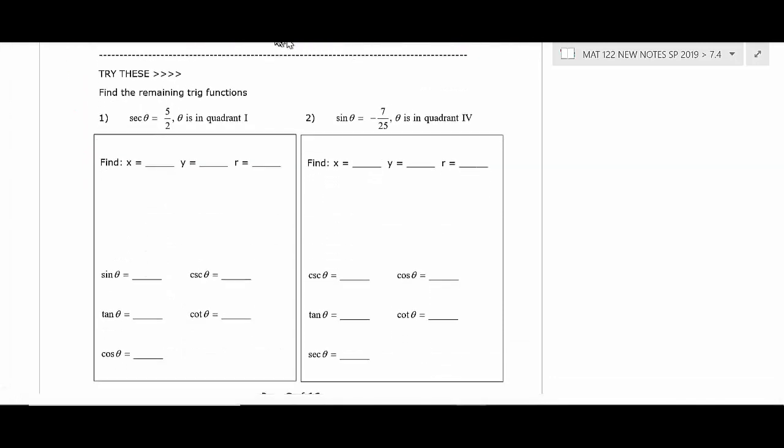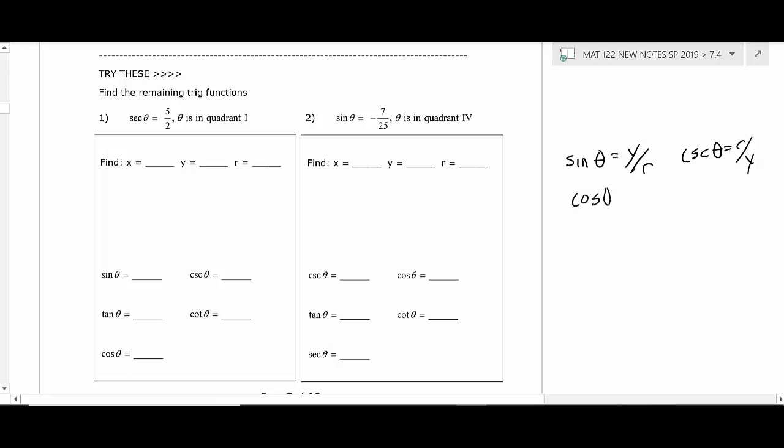Now I'm going to write this down just so that you don't have to scroll back between these. The sine is y over r. The cosecant is the reciprocal. The cosine is x over r. The secant is r over x. The tangent of theta is y over x.